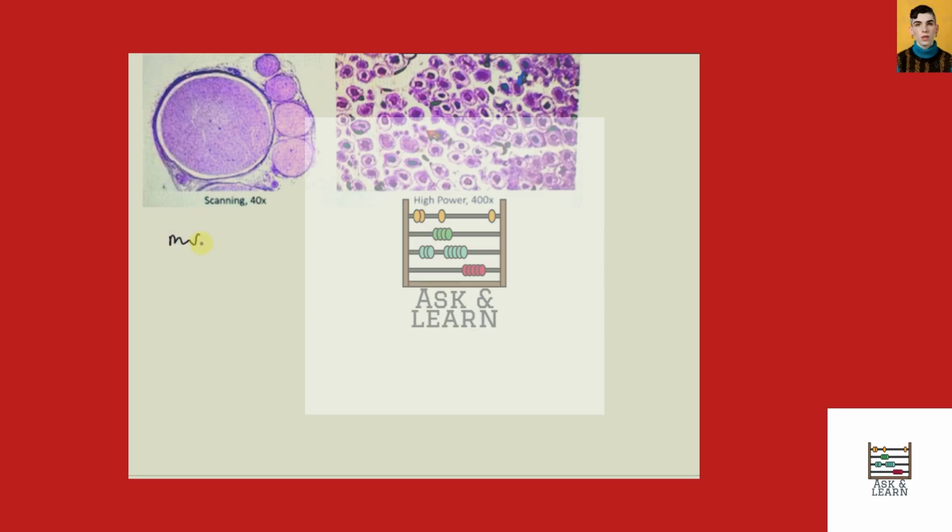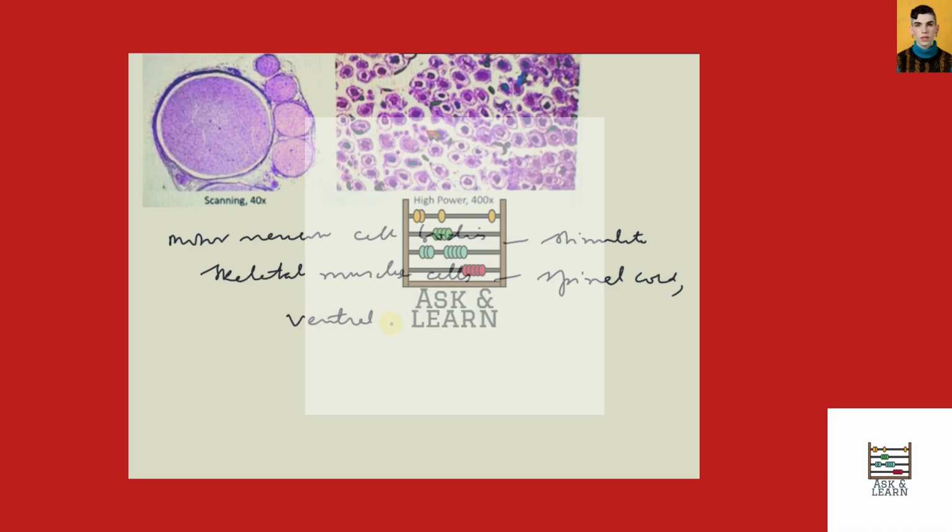The motor neuron cell bodies that stimulate skeletal muscle cells are located in the spinal cord, specifically in the ventral, or we can say anterior horn of the gray matter.